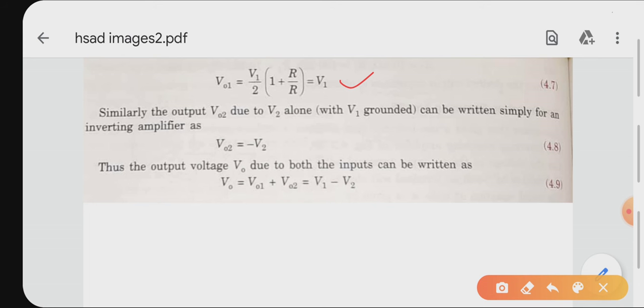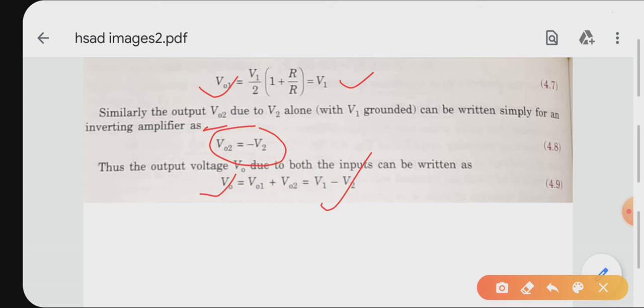How will you get V1? By considering V2 is equal to 0, you are applying the superposition theorem. Similarly, you will get VO2 by considering only V2. Just consider V1 is grounded, that means V1 is equal to 0. So after that you will get VO2 is equal to minus V2. Here you will get VO1 is equal to V1 and VO2 is equal to minus V2. Keeping the values here, finally you will get output voltage VO is equal to V1 minus V2. That is called a difference amplifier, not a differentiator.